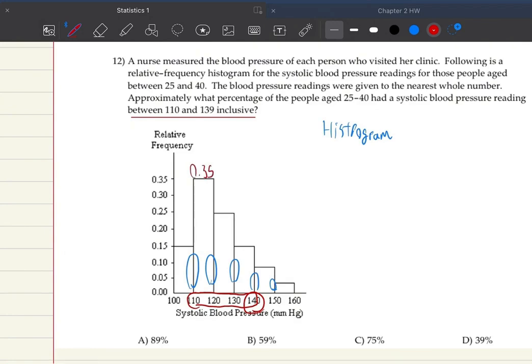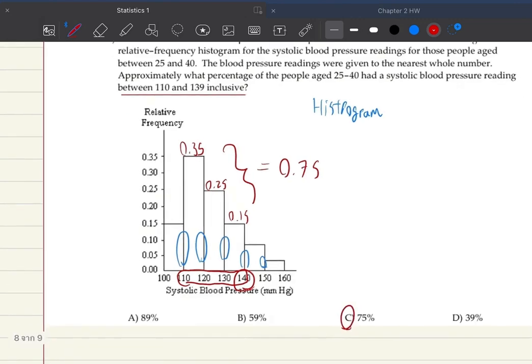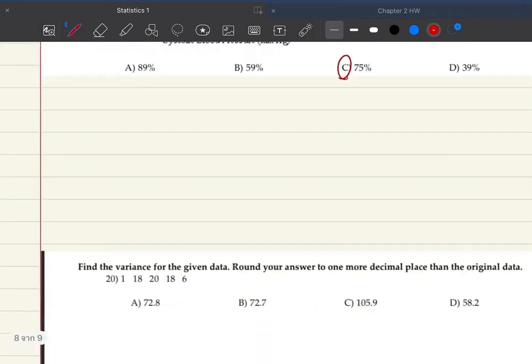The next bar, 120 to 130, is 0.25, and the next one, 130 to 140, is 0.15. All these three combined together are 0.75. So it is 75%. Let's move to the next one.